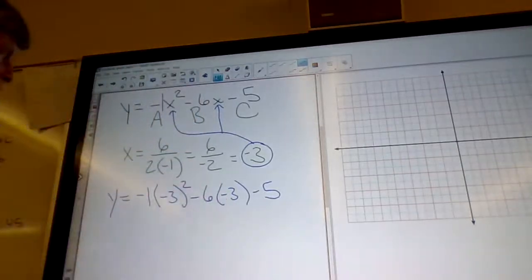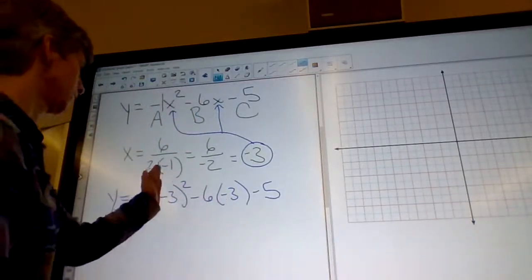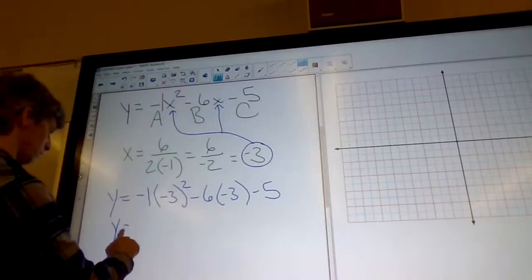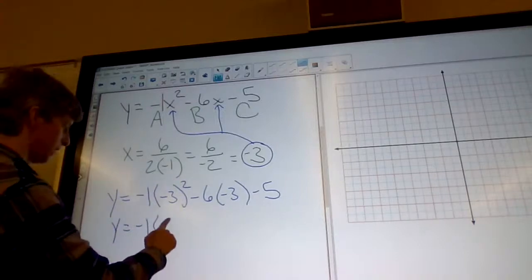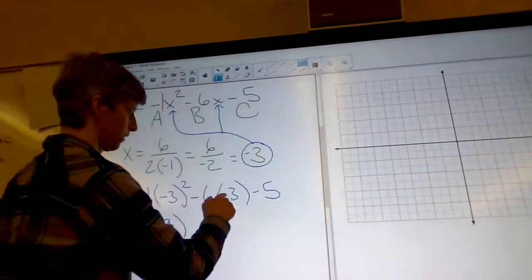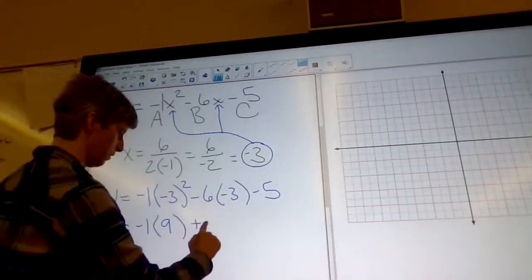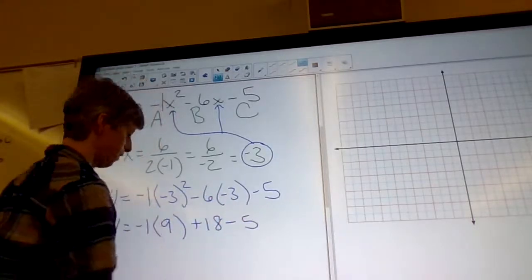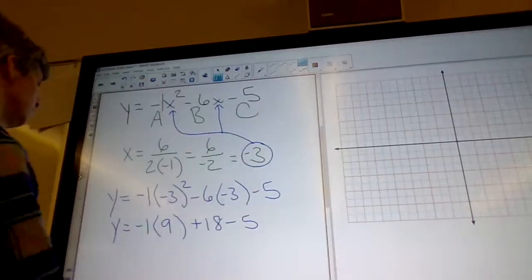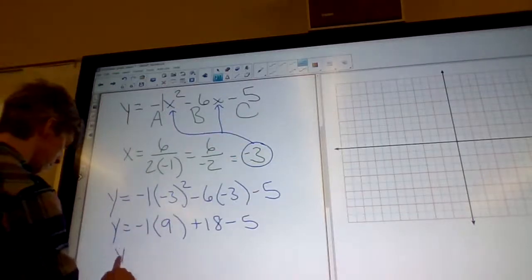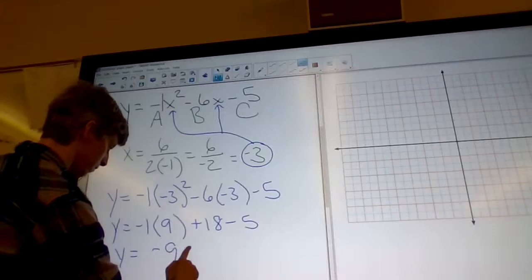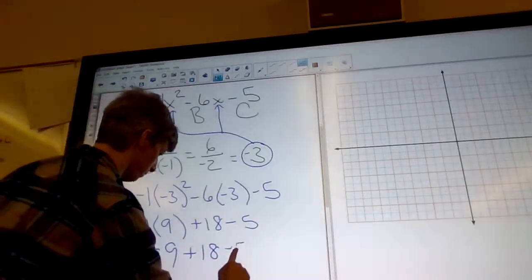I need to solve using order of operations. Order of operations says I have to do exponents first. So negative 3 squared is 9. Negative 6 times negative 3 is positive 18. Minus 5. I have to go left to right, remember. So negative 1 times 9 is negative 9. I'm just copying down the rest of the problem.